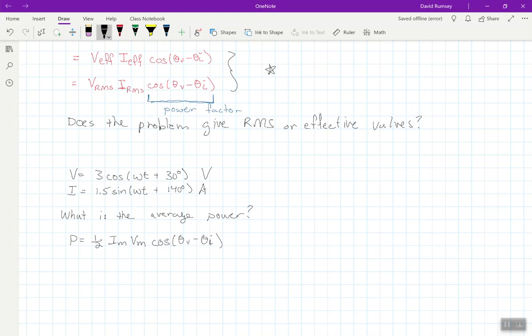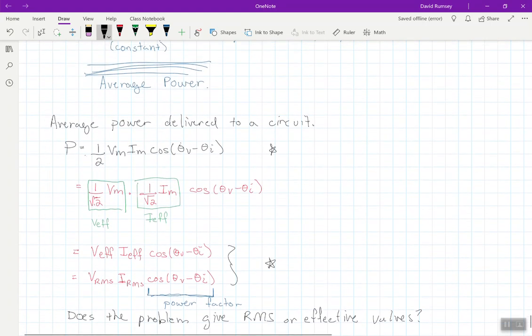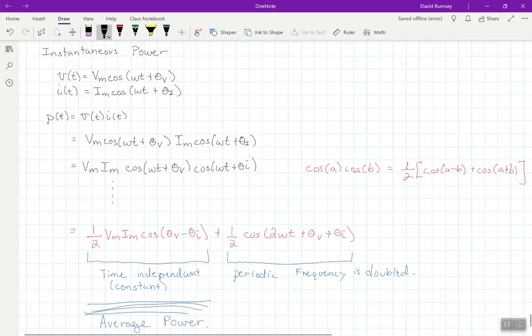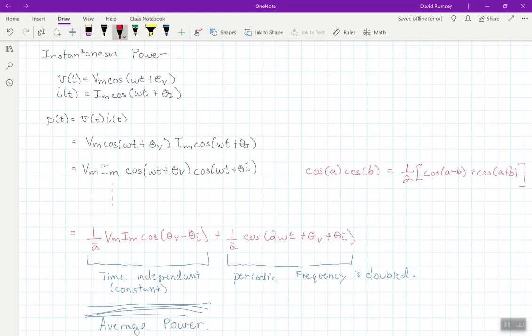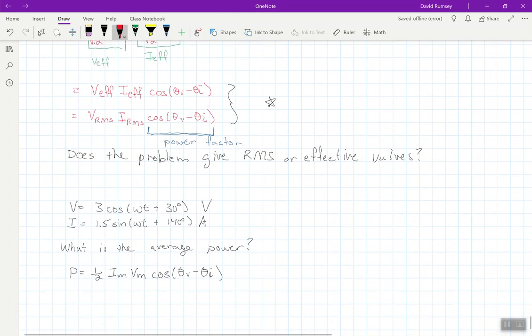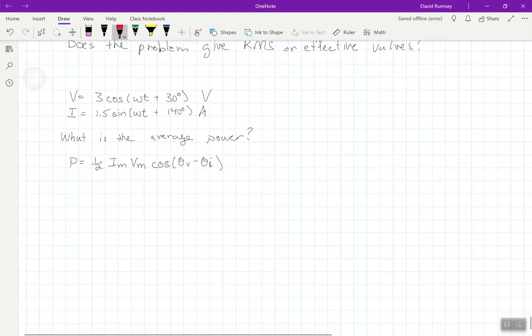Now I did this kind of problem on purpose here because let's go back to how we computed this. At the beginning, notice both of these were cosine functions. So I need to make sure that I have cosine functions for both of these.